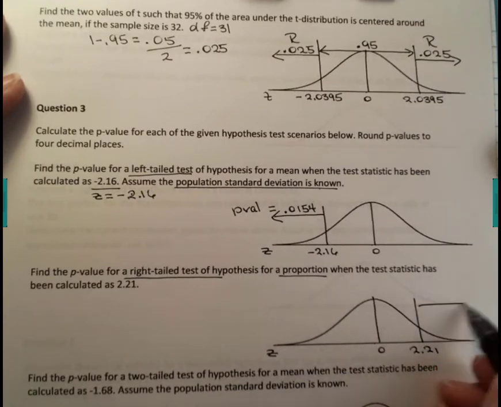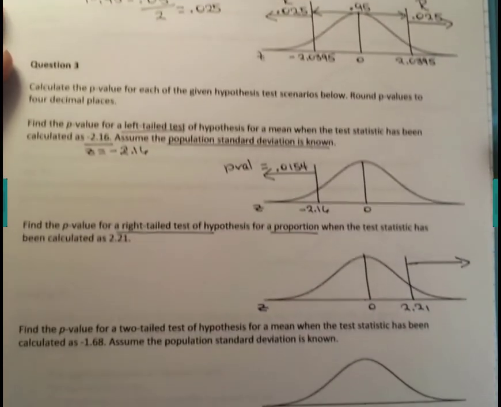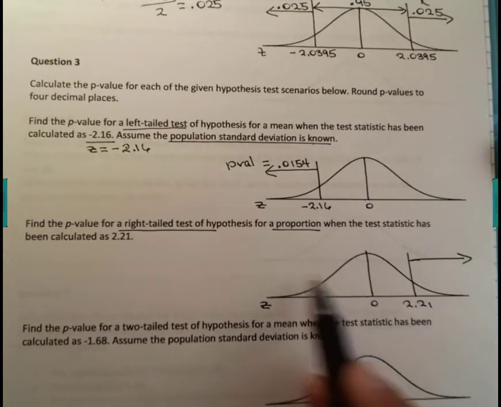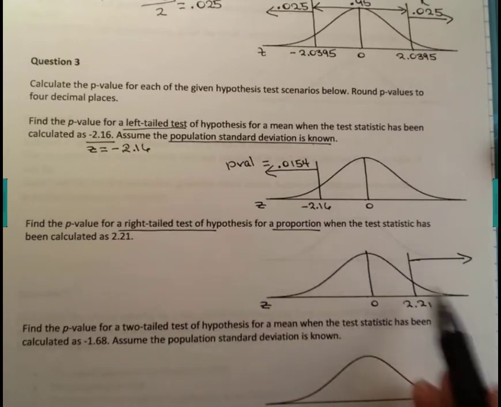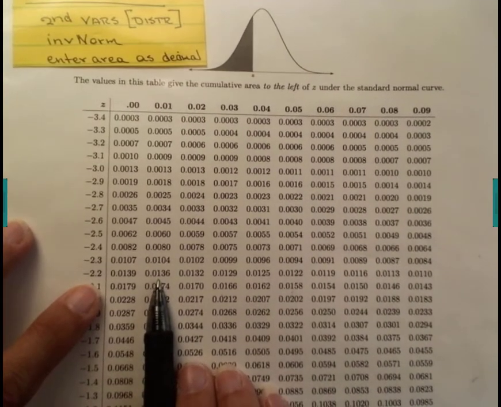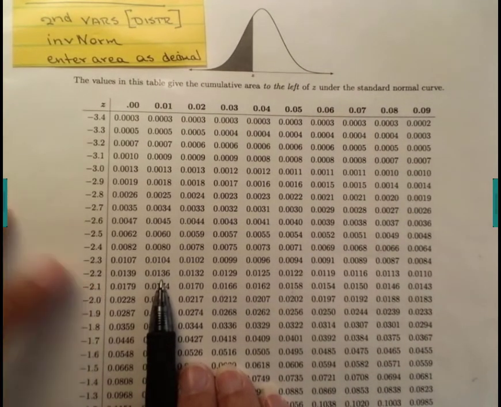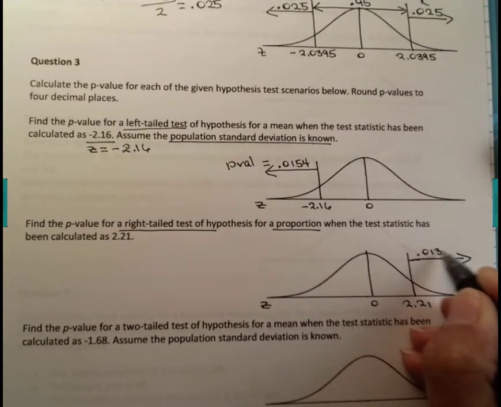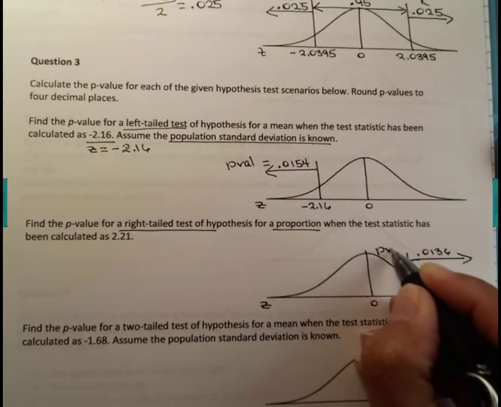They want the p-value. They want the area in the tail, okay? So this time it would be the area in the right tail because it's a right tail test. We're still going to look it up on the negative side because that would give us the area in the left tail, and we would just say, okay, that's the same as the area in the right tail, right? So I'm going to say 2.21. Here it is, 0.0136. So it is this time 0.0136, and that's the p-value.